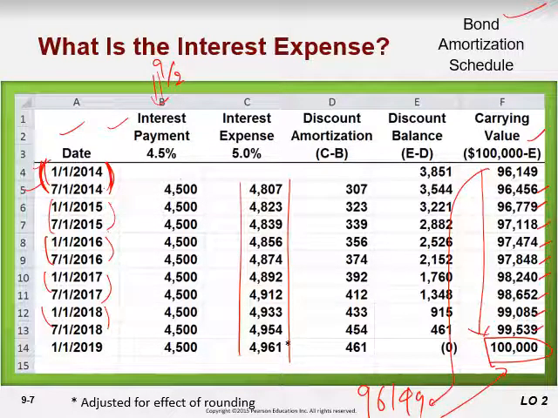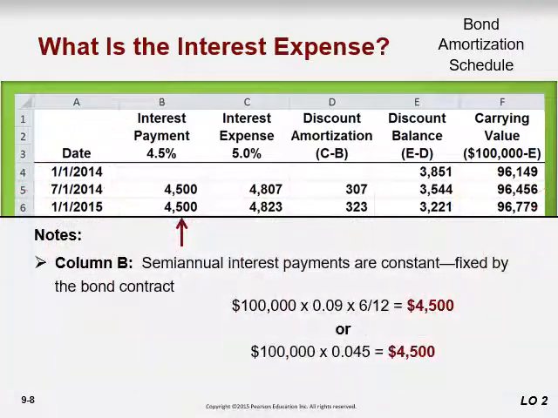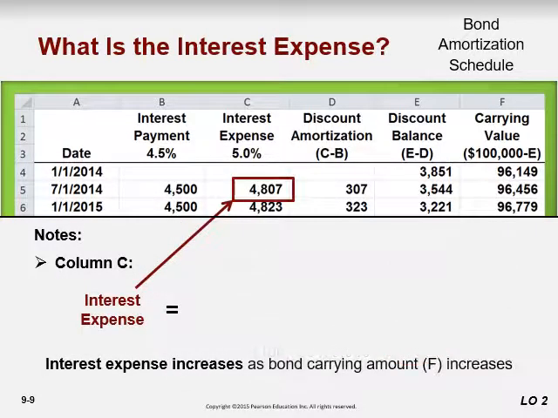So that's why the bond value is increasing. This column B is the interest payments, based on the coupon and the face value. This is 4,500. While column C belongs to interest expense.